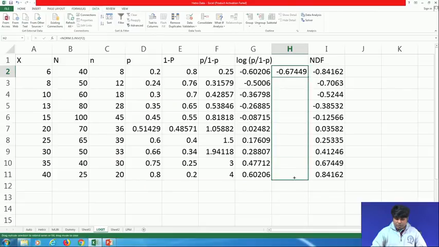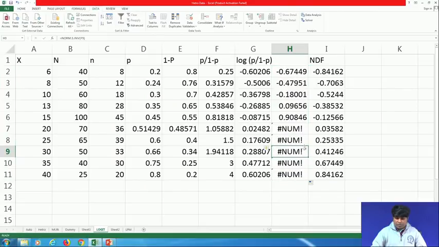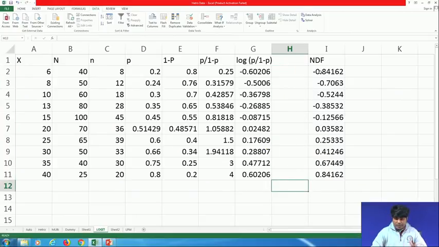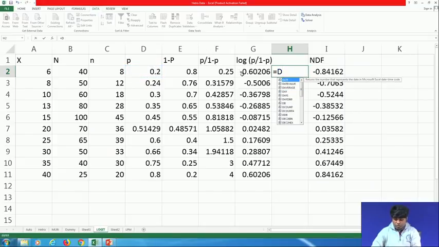Okay, so this will be generated, and sorry, we have made the wrong entry. Okay, so corresponding to this one, what will you do? Our entry is with respect to p, we do not require the odds ratio, that is why it is showing wrong. So what will you do?